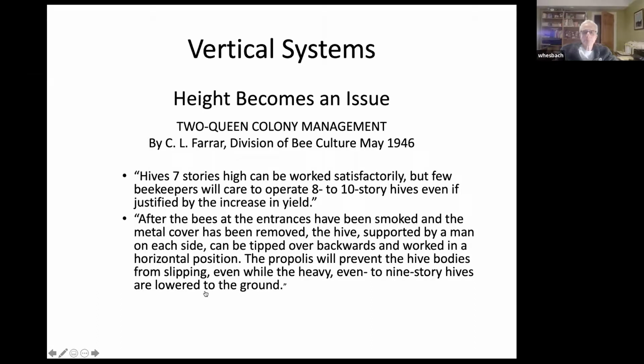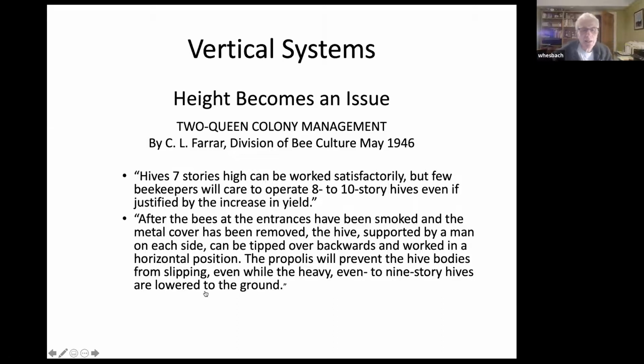So Ferrara, who was a master at queen colony management, said that you can work them satisfactorily, and it justifies the increase in yield.